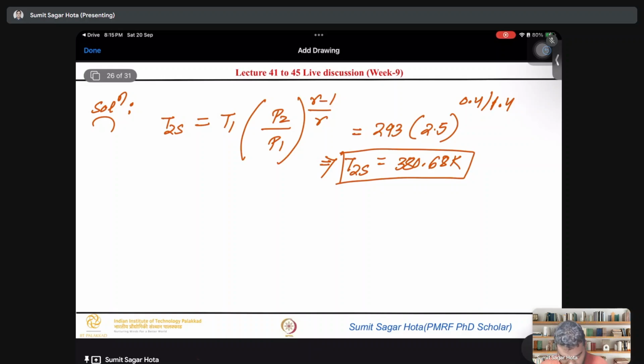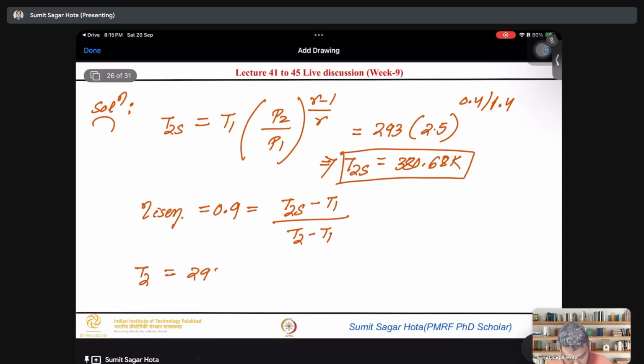So what is the isentropic efficiency? The isentropic efficiency 0.9 is equal to T2S minus T1 divided by T2 minus T1. So find T2 from here.